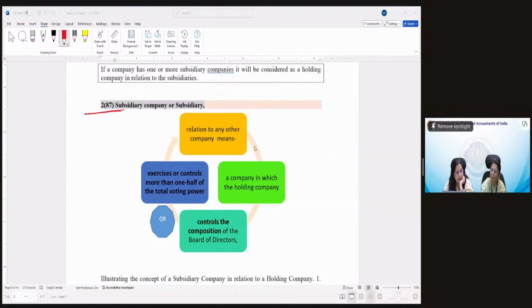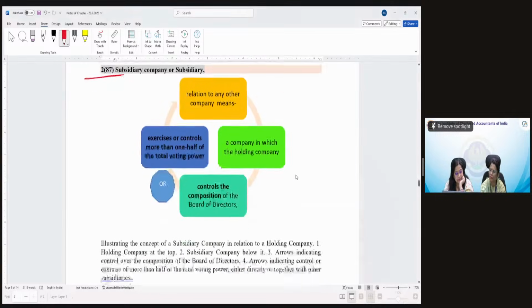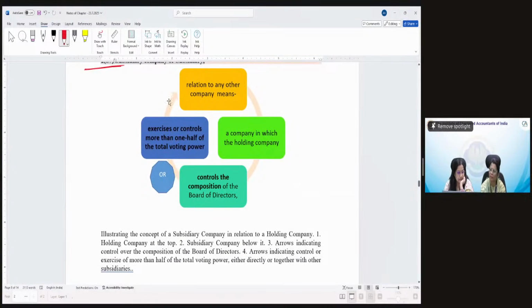Okay, just look at this diagram. What does this say? Relation to any other company. Again, any other company, because we have to read it in terms of any other company, limited to what is given over here.